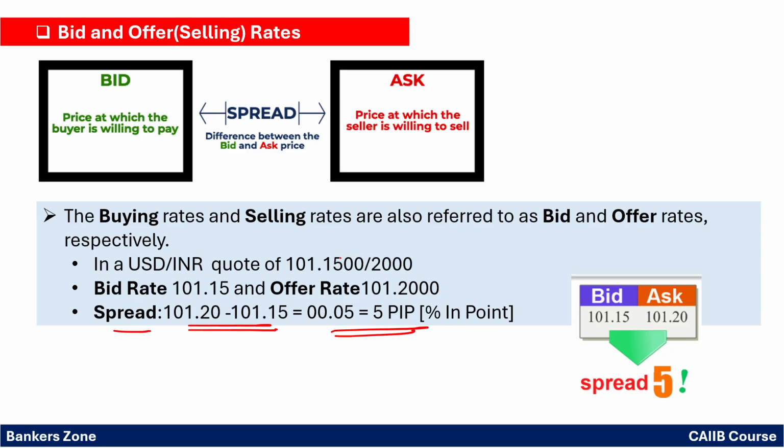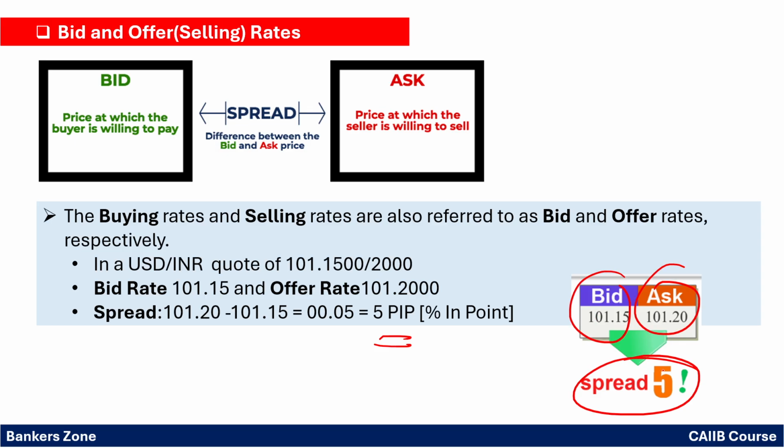So here 0.20 minus 0.15 will be 0.05. So that is 5 PIP. Sometimes PIP is called percentage in point, or sometimes it is called BPS, basis points. So the difference between the bid and the ask price is simply called the spread. Very simple, right? So you have to understand, B for buying, B for bid. In that way you remember.